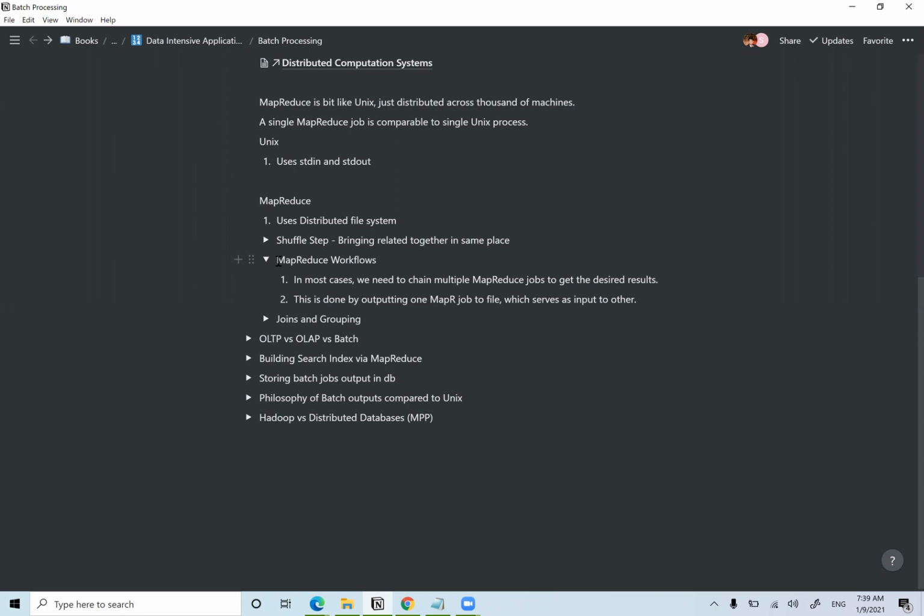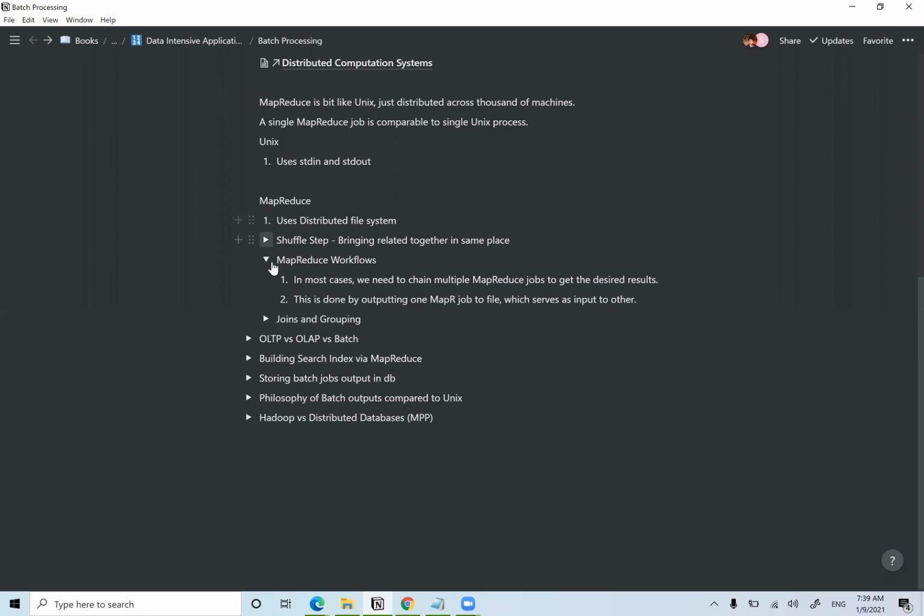But in most cases we would need to, like we saw the example of Unix, right? We had to write various input output workflows to finally perform whatever we wanted to do. We used those pipes, and then we had to run multiple of those commands where one command's output was being used as the input of another, and then finally we got what we wanted to do.